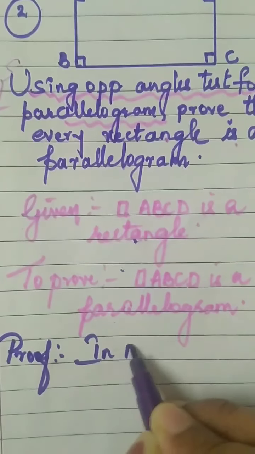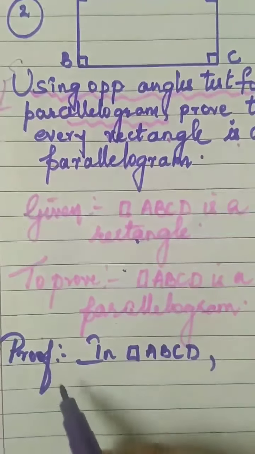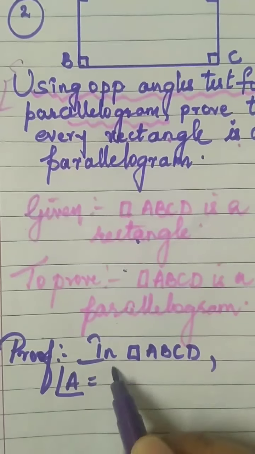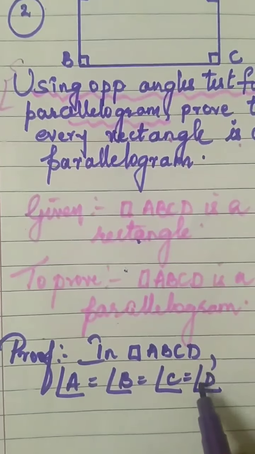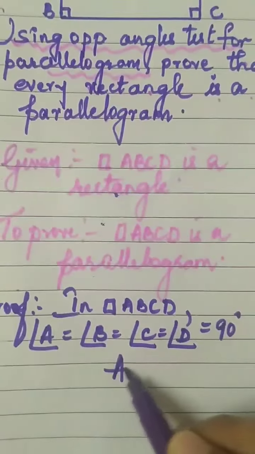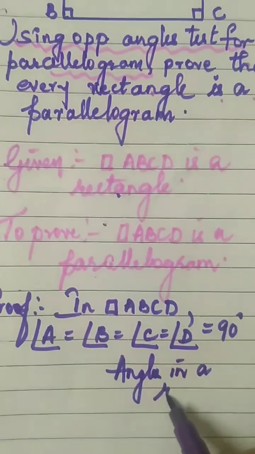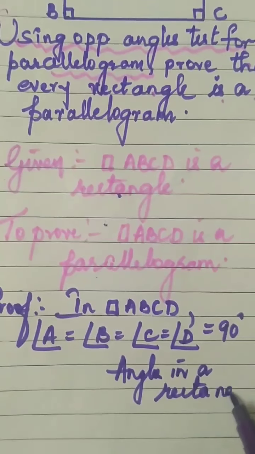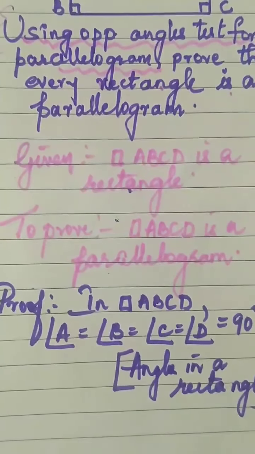In quadrilateral ABCD, if it is a rectangle, we know that angle A is equal to angle B is equal to angle C is equal to angle D is 90 degrees. Reason: angles in a rectangle. Very simple sum this is.